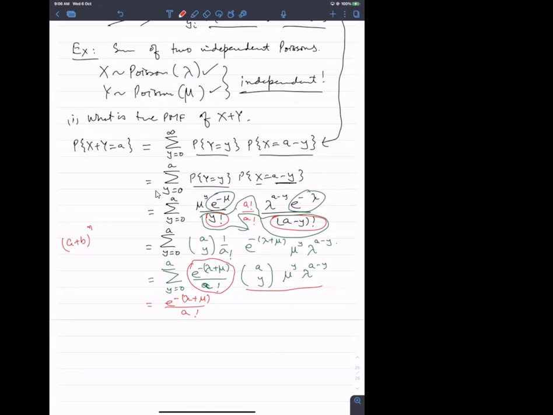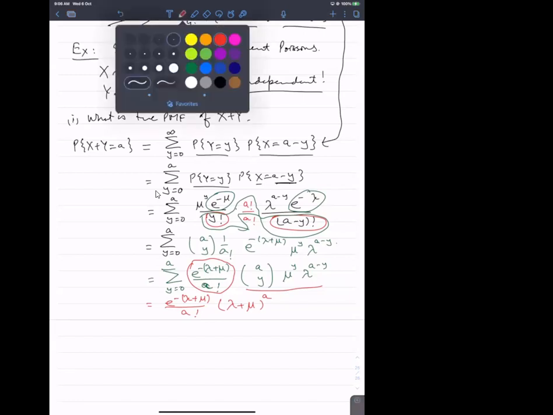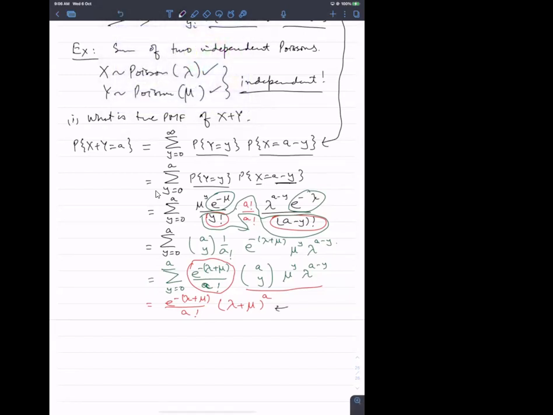It's exactly the same, and this is simply lambda plus mu power a. And what is this? This is a Poisson with parameter lambda plus mu.